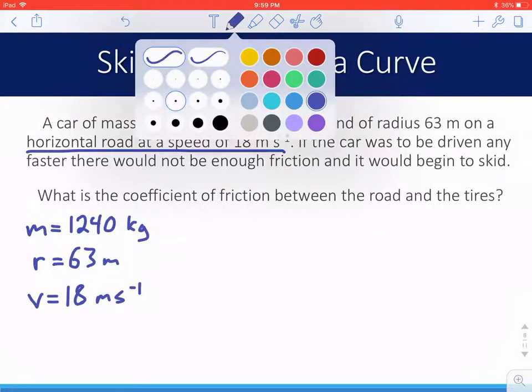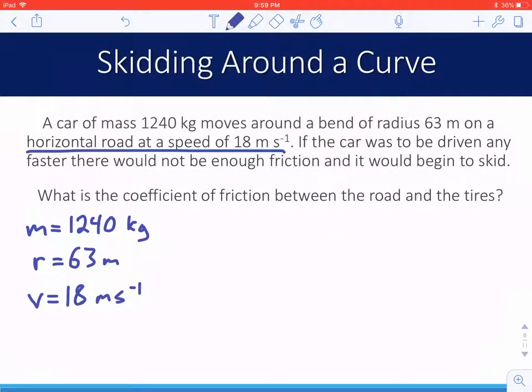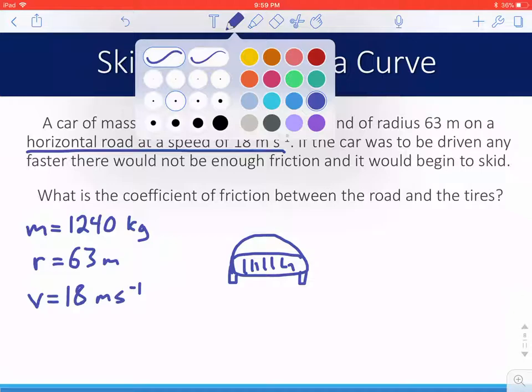To get to the next step, it's helpful for us to draw a free body diagram. Let's say we are drawing a diagram from the front of the car. So just to be clear, I'm going to try to draw a picture that looks kind of like the front of a car. Excellent. Looks exactly like the front of a car. Perfect.